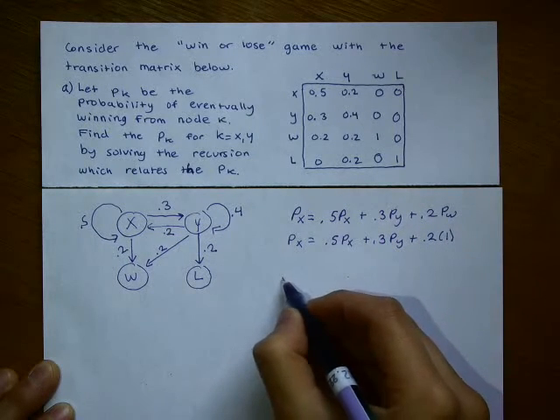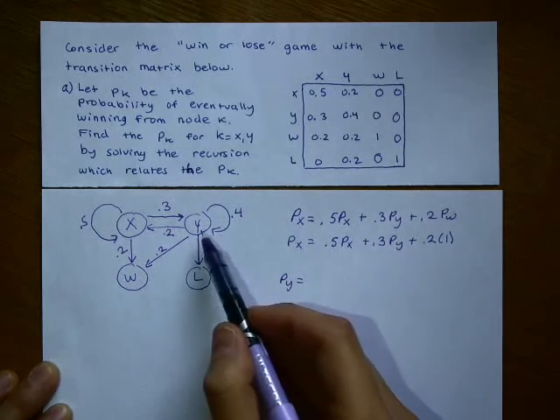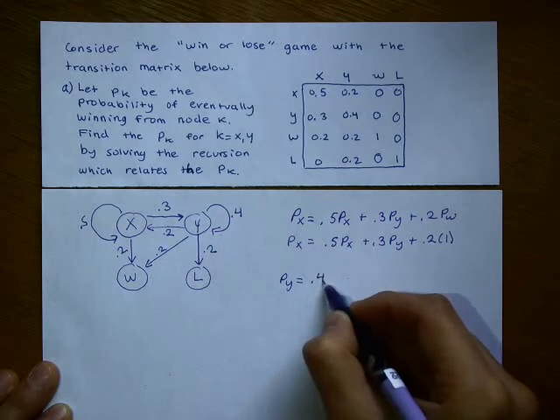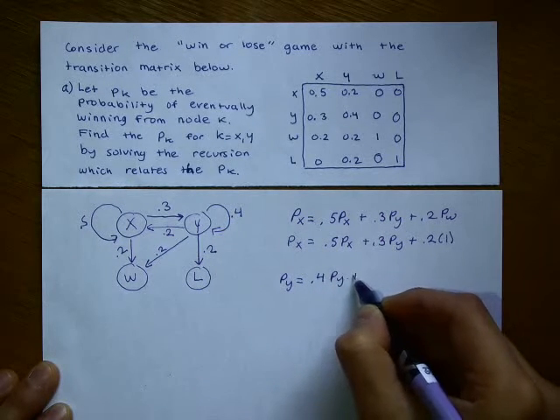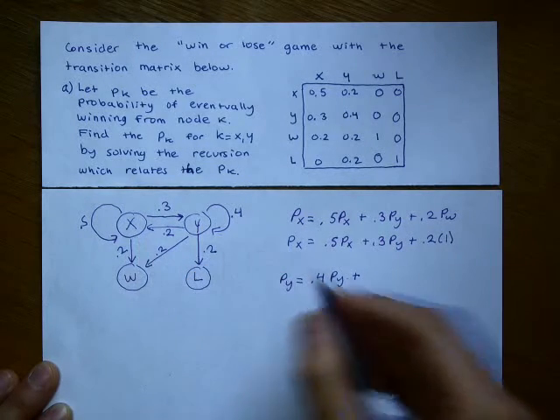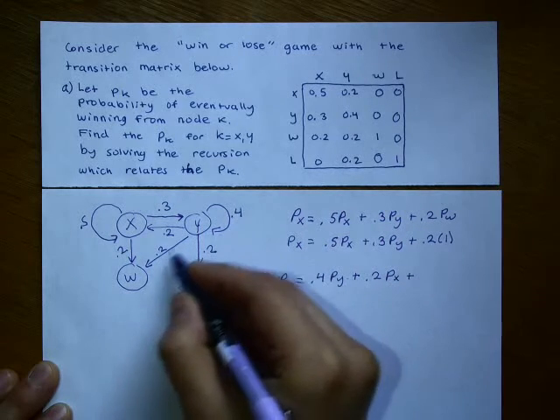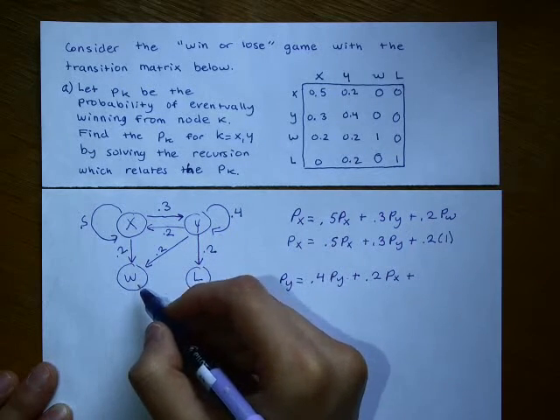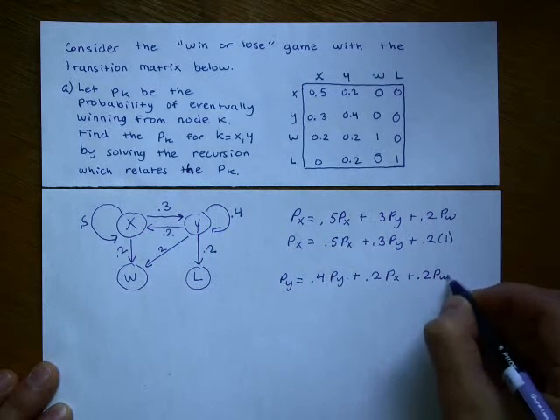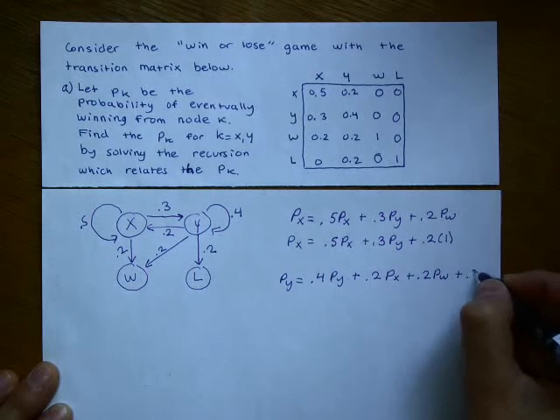So now I'm going to do the same thing for y. So what are the immediate moves I can make from node y? So we can either stay on node y with a probability of 0.4. We can move to x with a probability of 0.2. We can go to w with a probability of 0.2. Or we can go to L with a probability of 0.2.